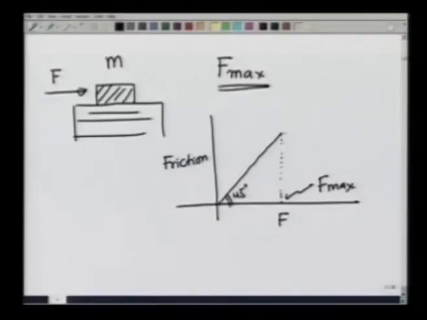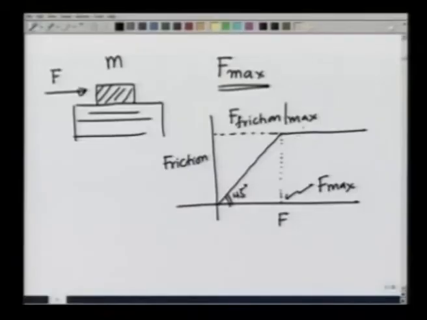As you go beyond F max, the frictional force does not increase, it sort of saturates. So, what you would notice after this is that frictional force would tend to saturate at that possible maximum value. So, this is the maximum possible value of frictional force, and as you go beyond F max, the body would tend to move, because now I am applying a force which cannot be balanced.